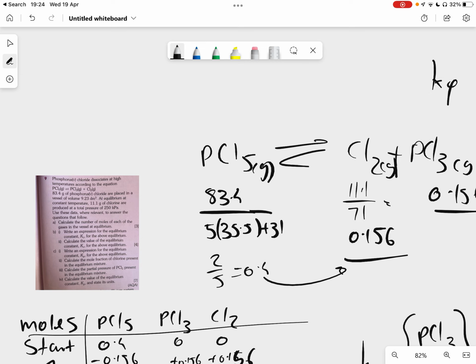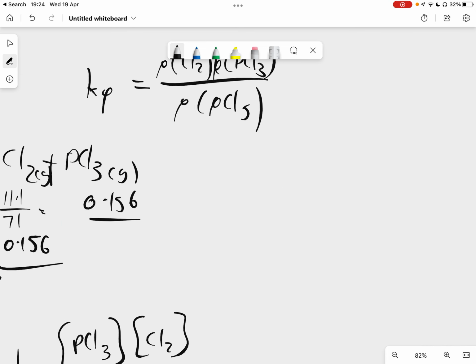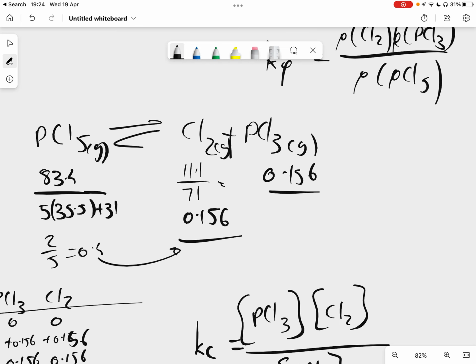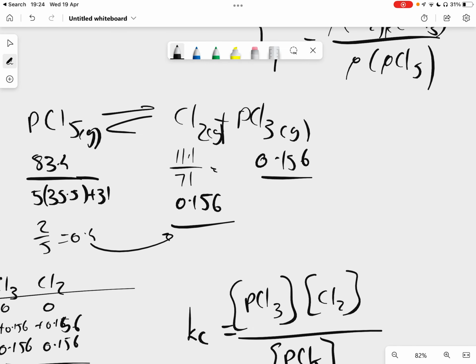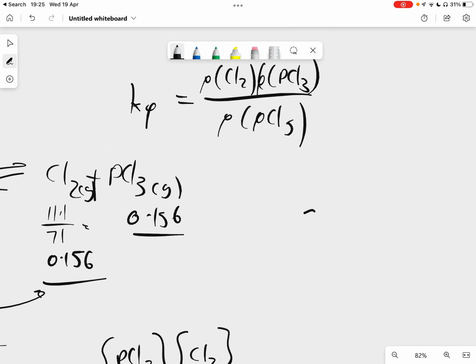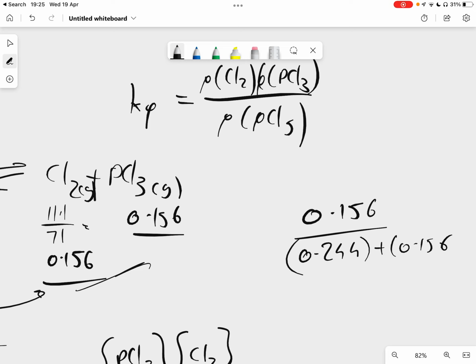Calculate the mole fraction of chlorine present. Mole fraction is what I call mole ratio, but you can call it mole fraction as well. So mole fraction is the number of moles over the total moles at equilibrium. In this case, it's going to be 0.156 for these two over 0.244 plus 2 times 0.156.